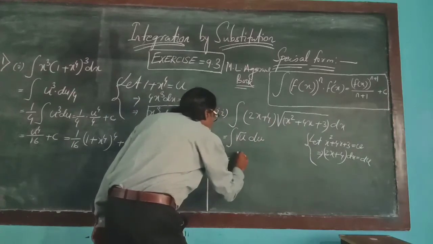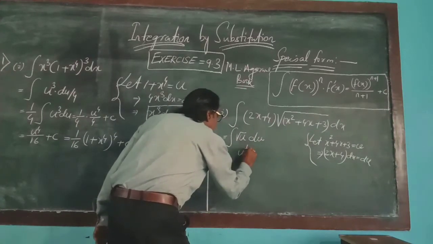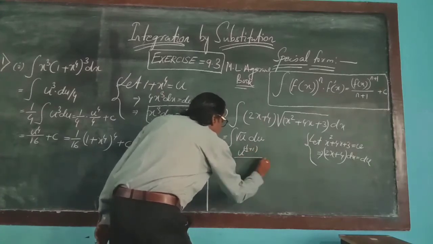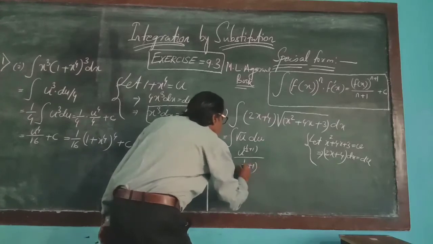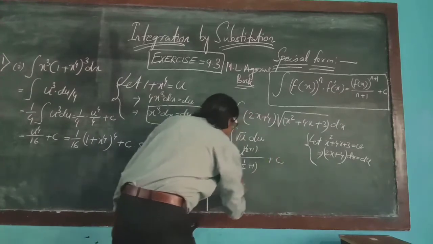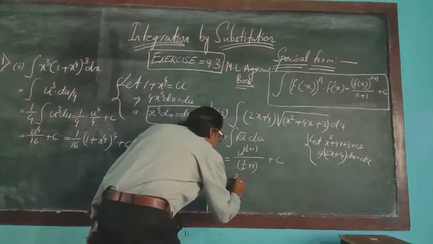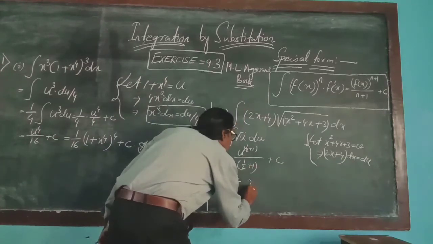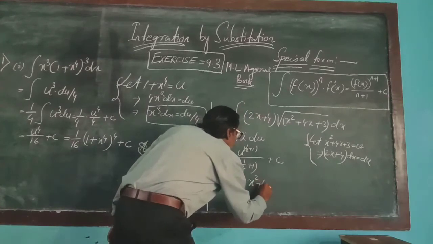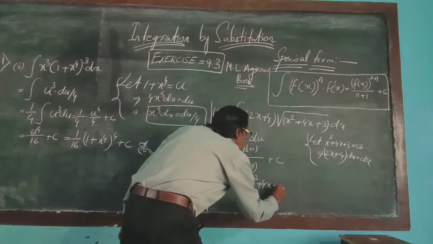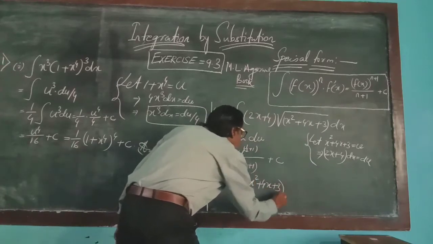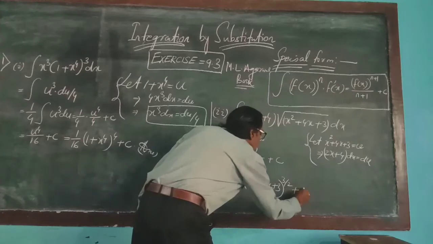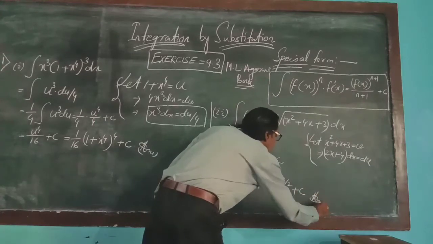Now root over u is u to the power half, this will be half plus 1 divided by half plus 1 plus c. The final answer will be 3 by 2, this will be 2 by 3. Put the value of u, that is x square plus 4x plus 3 whole to the power 3 by 2 plus c. This is the integration constant you have to write everywhere.